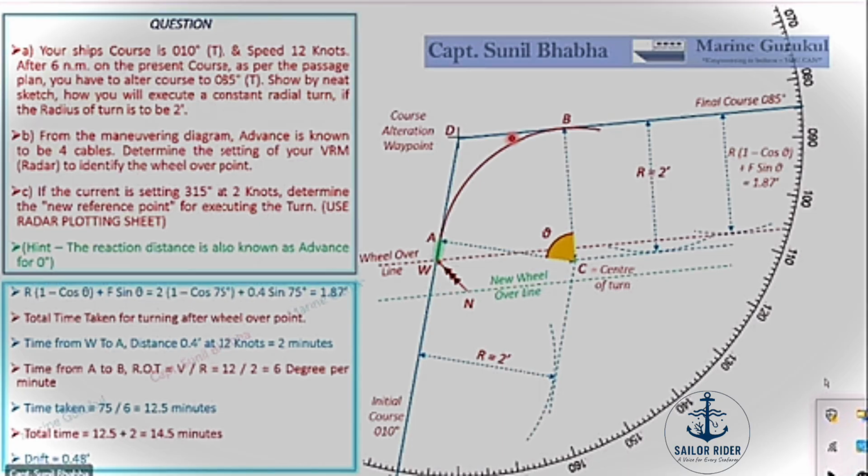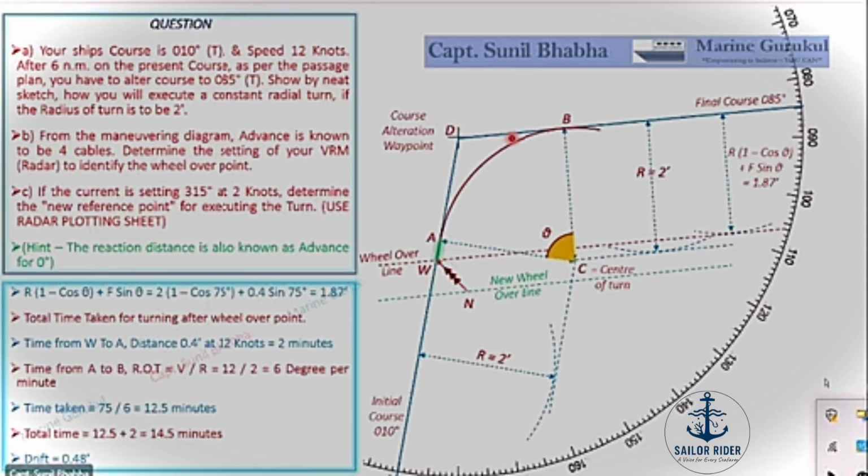ओके उसमें बेटा no, that will not be correct and accurate because what is plotted on the chart is always the CMG. We never plot the CTS on the chart. So drawing the CTS here will not give you the correct answers. Okay.